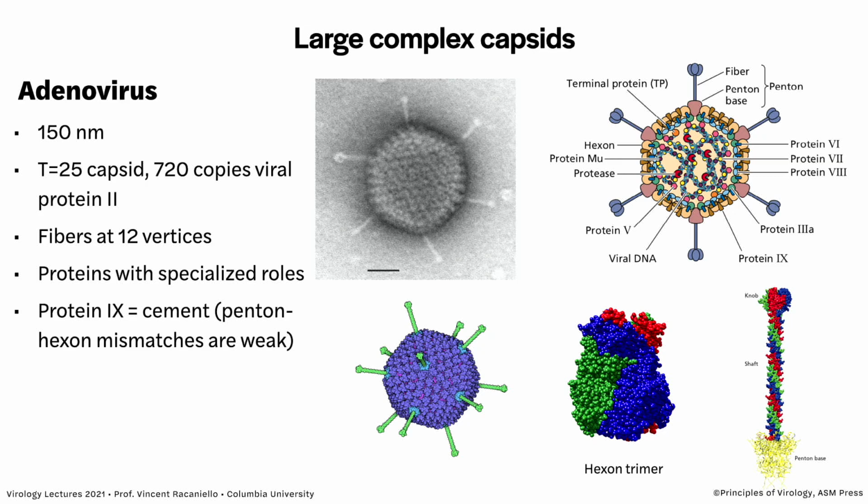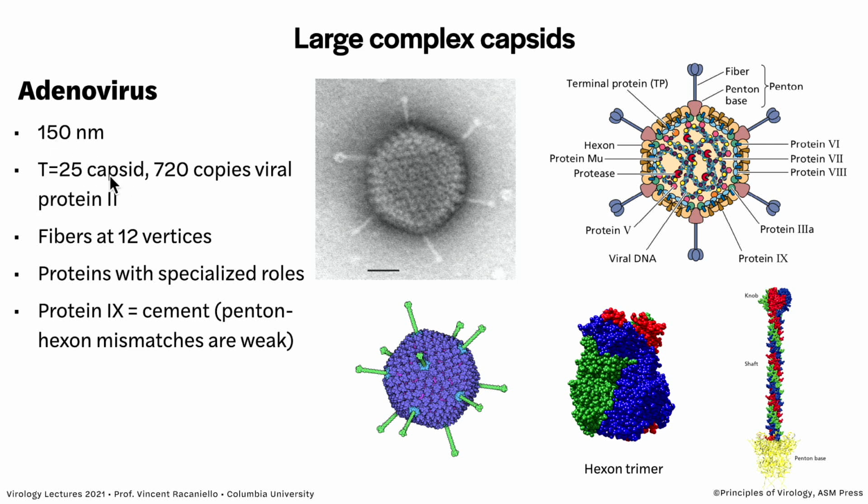All right, even bigger and more complicated capsids can be built. And I'll show you a couple of examples of that. Here's adenovirus, where the electron micrograph shows you this icosahedral capsid with fibers sticking out at each 5-fold axis of symmetry. So that's something different. It's 150 nanometers.